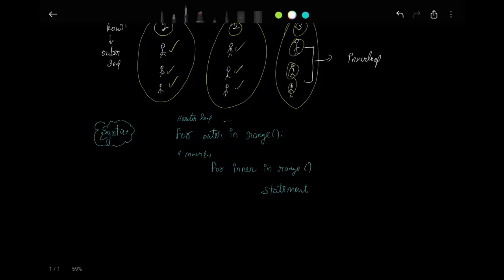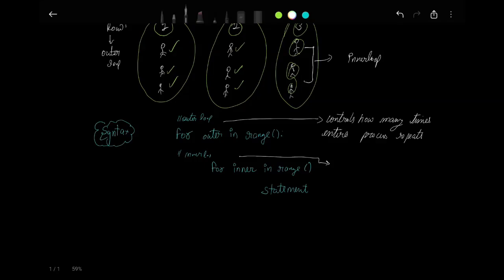The outer loop controls how many times the entire process repeats, while the inner loop runs completely for each iteration of the outer loop.